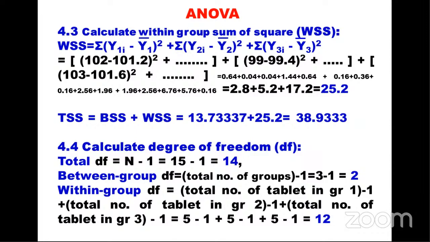Between the groups, there are 3 groups, so 3 minus 1 comes to 2. Within the groups, the first group has 5 observations, so 5 minus 1, second 5 minus 1, third 5 minus 1, or 15 minus 3. So degrees of freedom are 14, 2, and 12. 14 is total, 2 is for BSS, and 12 is for WSS, within the group.